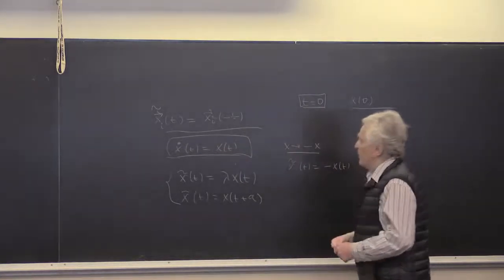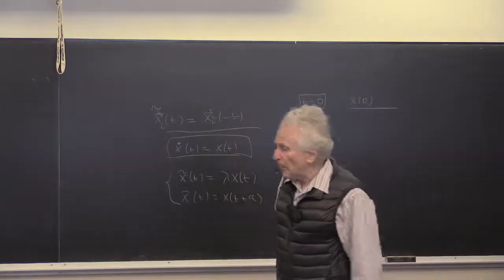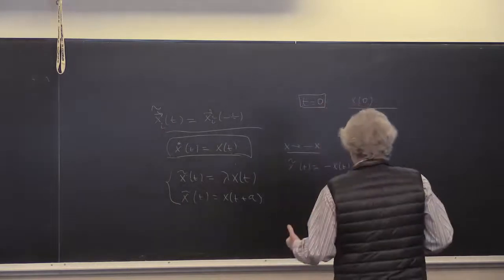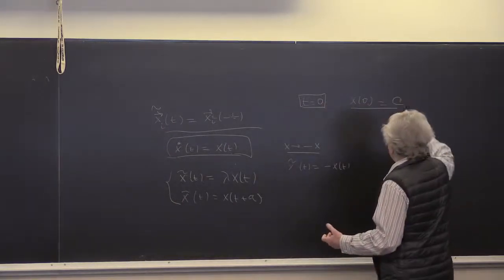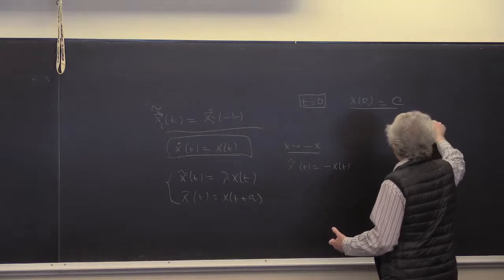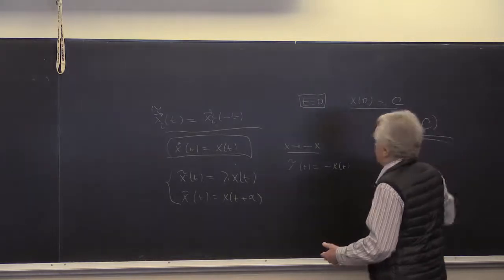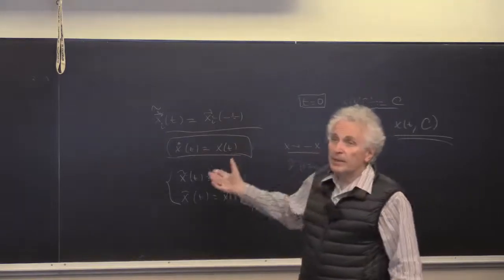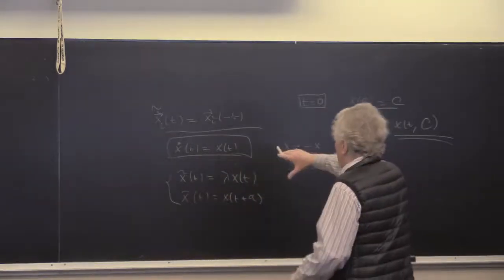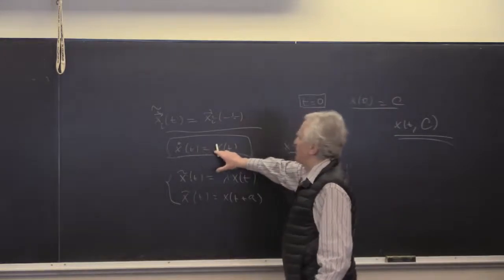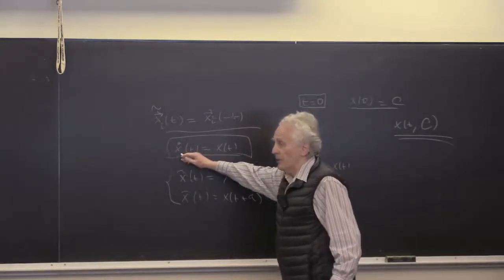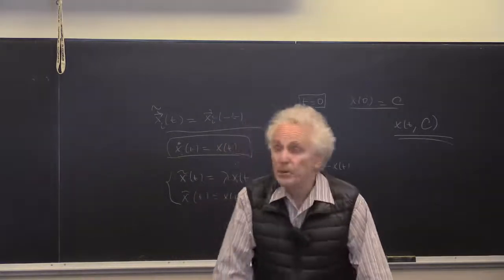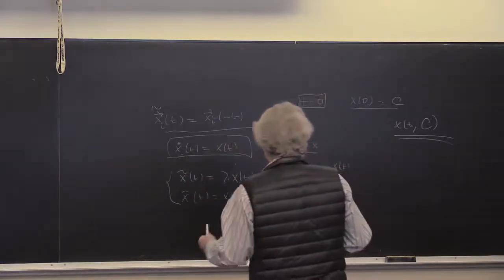However, the initial position is arbitrary, and so if you call it C, you get a general solution which depends on this constant C. And that's completely general. If you have any function of x here, but a first derivative, you always have a solution which depends on one arbitrary constant.